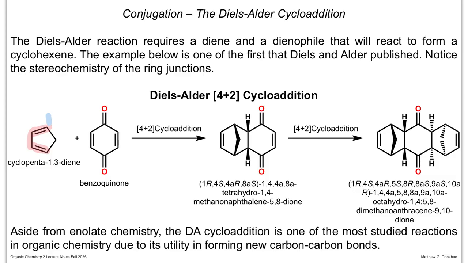So 1, 2, 3, 4. So that's our conjugated diene. That's sort of what this 4 right here means. And then in green, the 2 is this alkene partner.